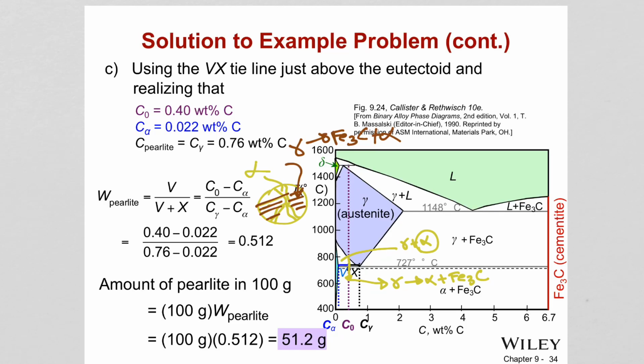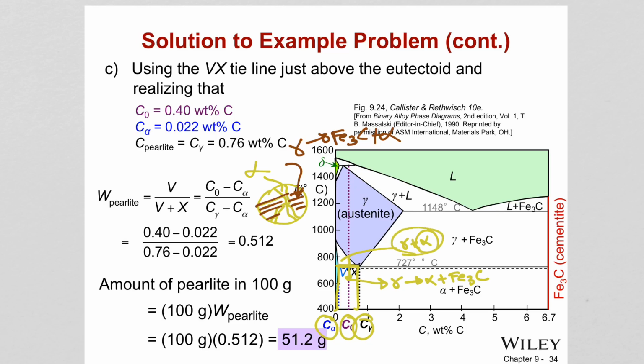Okay, so we know what C naught is, which was 0.4, and we know C alpha, the composition of the alpha. Remember, this is just above the eutectoid temperature, so we are talking about this tie line here. So I read the compositions from there. I know C naught, I read C alpha, and C gamma is read from there, because there you have only alpha and gamma.